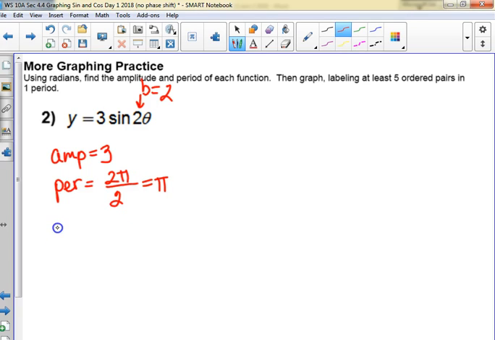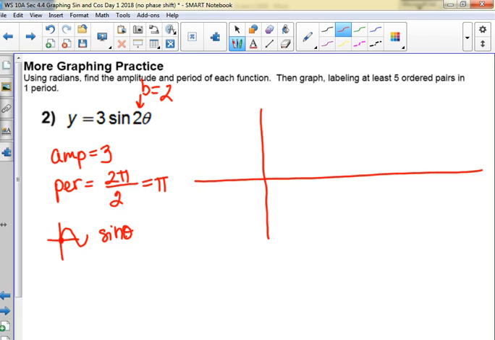What about the general shape? Anybody? Good, Michael. It starts at the origin and it's going to go up and down because it's sine. All right. So if I were to just draw one period starting at the origin, it would go up.